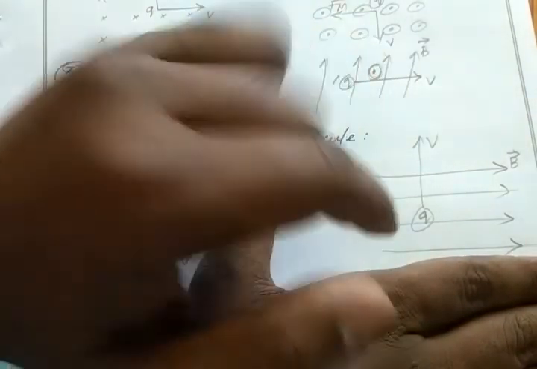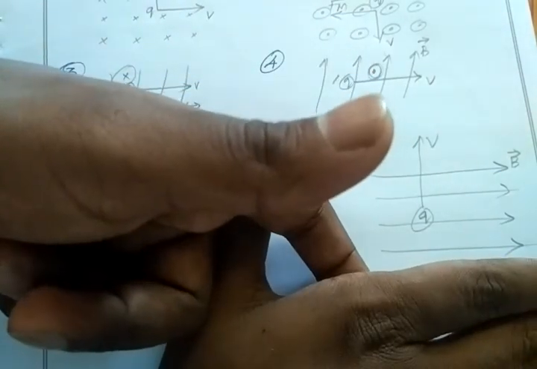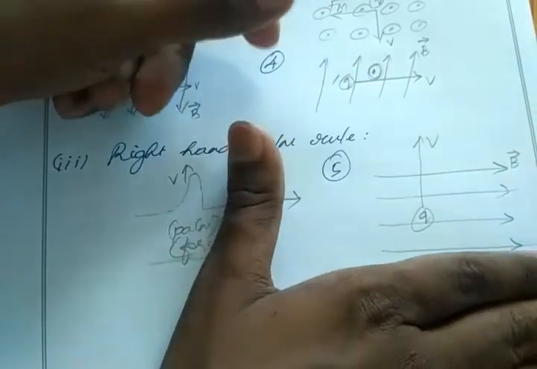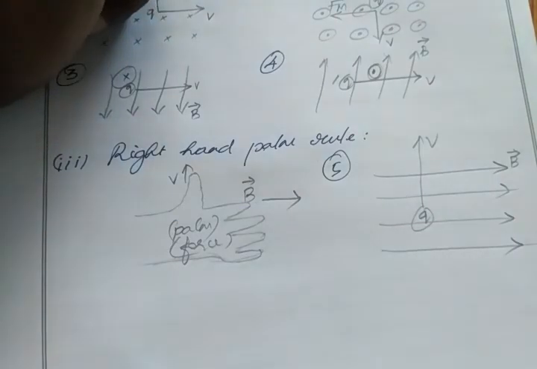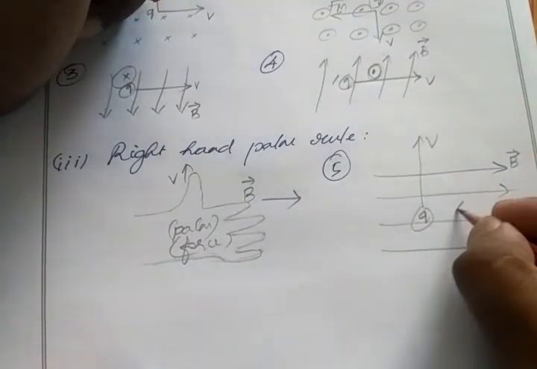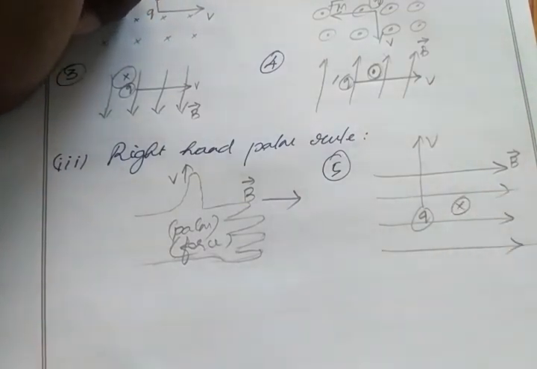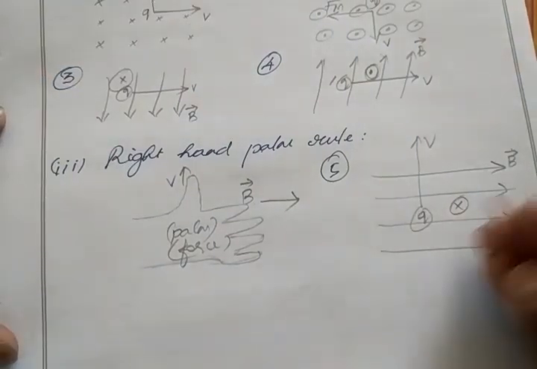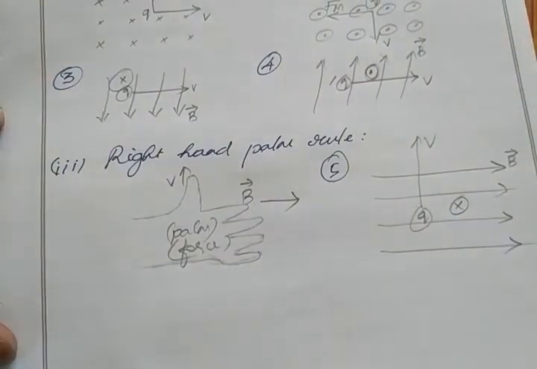So where is my palm? Palm shows the direction of inwards, right? So I get magnetic force inwards. Clear? You try it yourself, you will get the same answer. Okay?